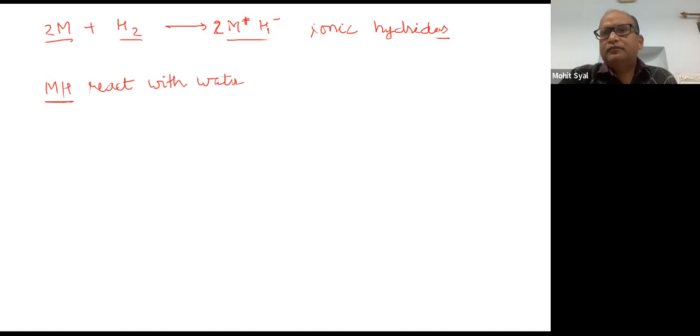Suppose you take sodium hydride, which is Na plus and H minus, and you react it with water. Water you can think of as H plus and OH minus. So I'm writing below it, there is an H plus and an OH minus in the water.